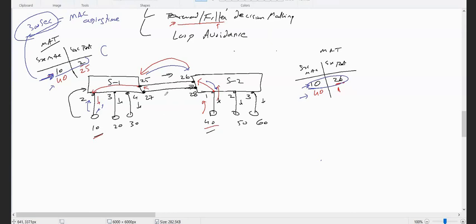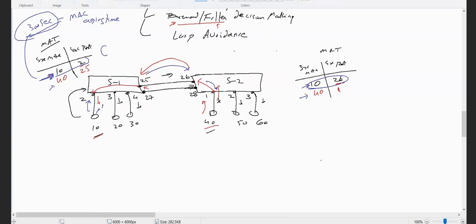Now if I have redundant connections, in case one goes down, I have the other for resiliency.